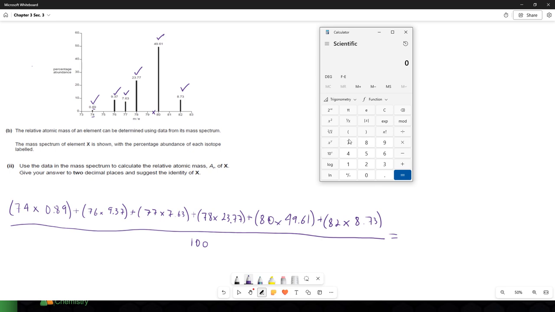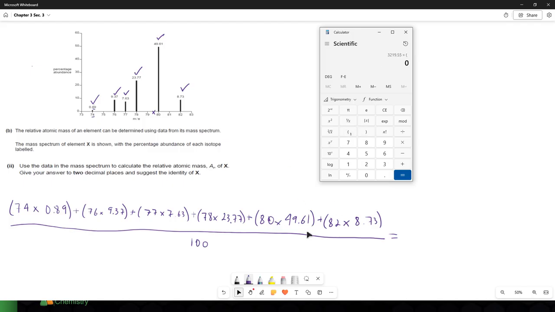We have 74 times 0.89 plus 76 times 9.37 plus, and again we use parentheses to separate them, 77 times 7.63 plus 78 times 23.77.